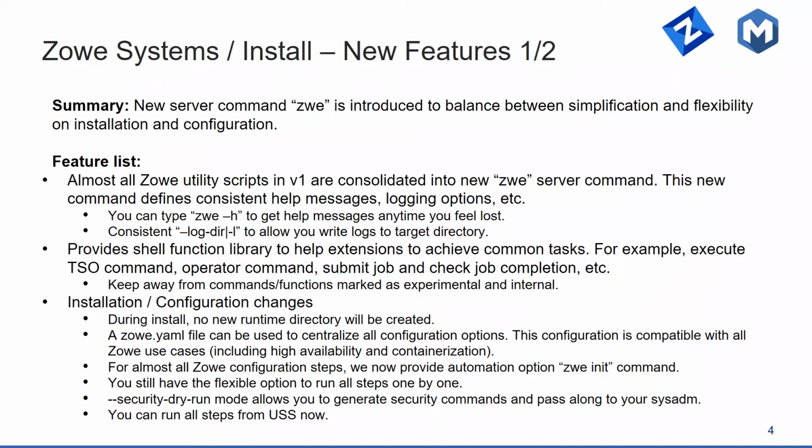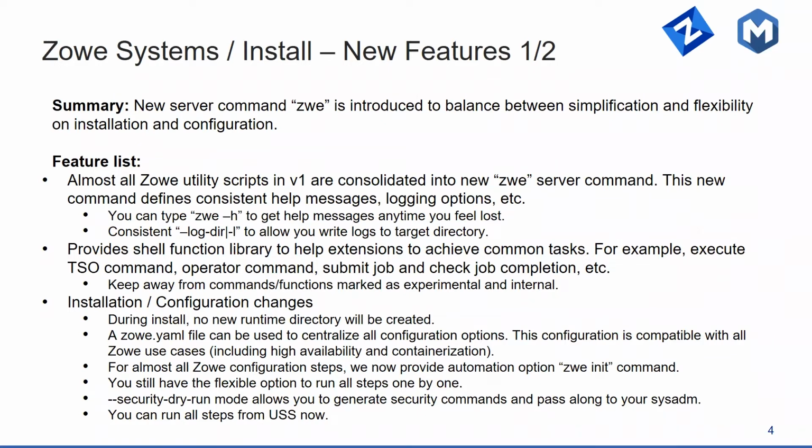Another thing is we also provide a shell function library. In the past, some of the functions were provided as utility tools. You may remember there are validate scripts located in the /scripts directory, and some other utilities were already converted to functions. In version 2, almost everything we put into a function library.